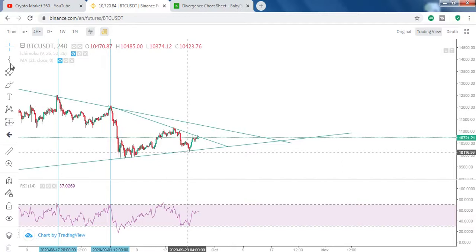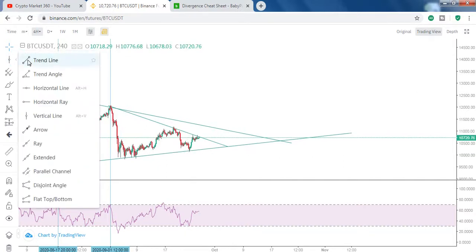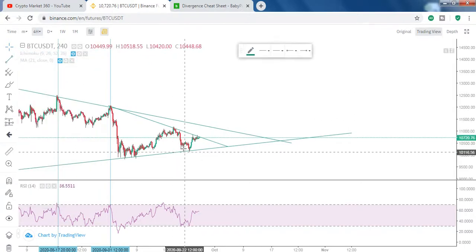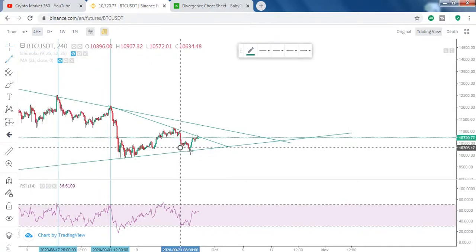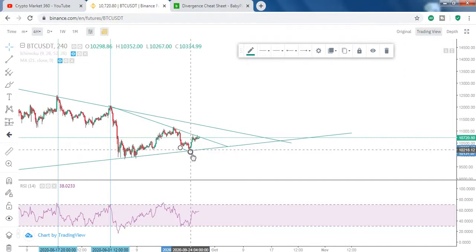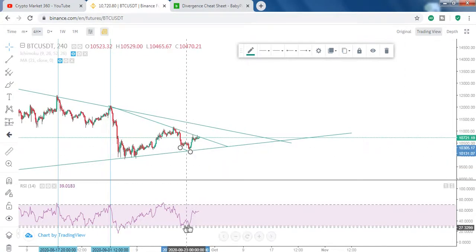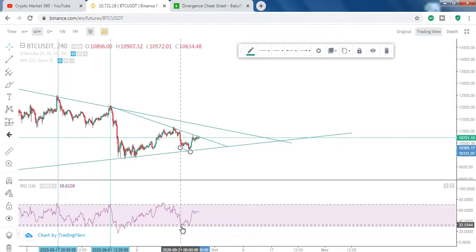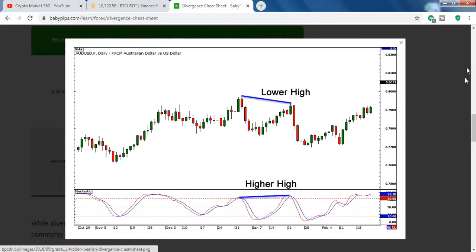If you look at that, here you can see that the price actually made a lower low, but what we can see, guys, is that the RSI has not made a lower low, it's actually a double bottom.